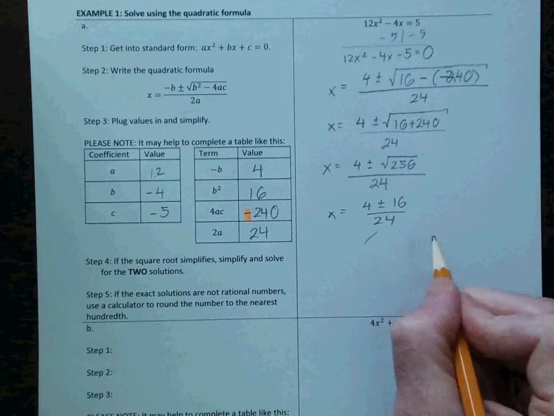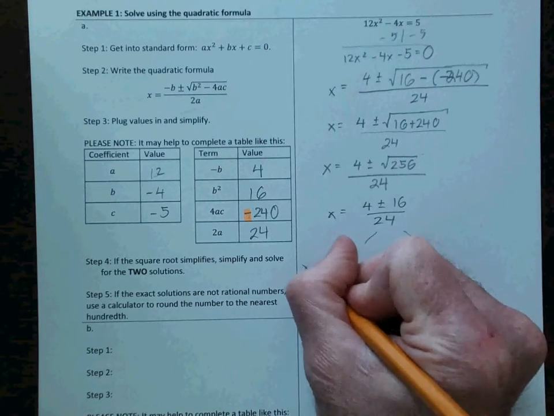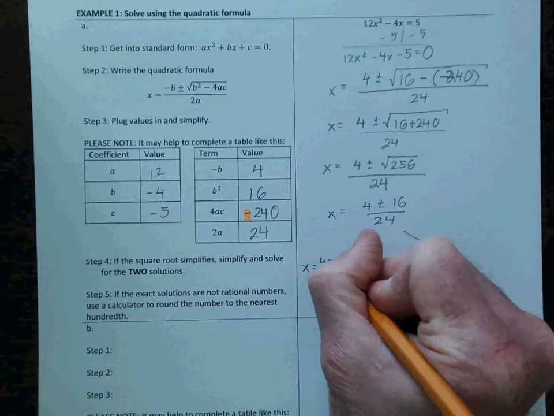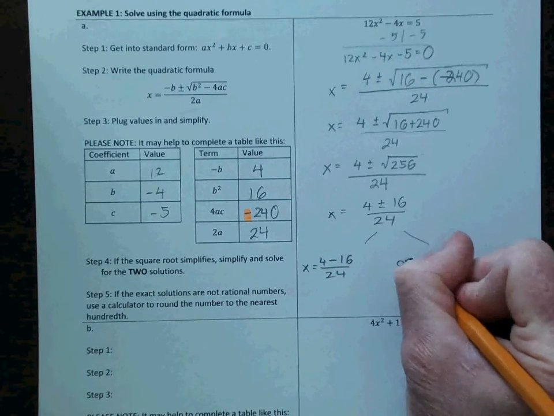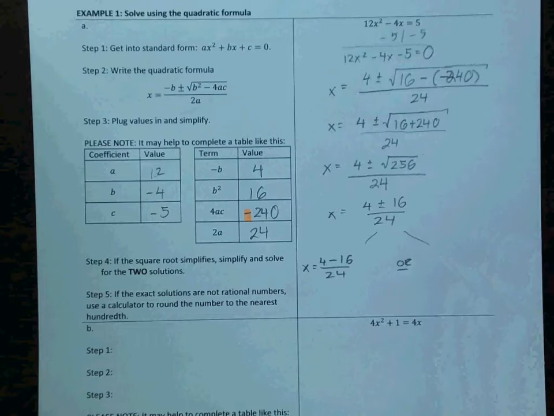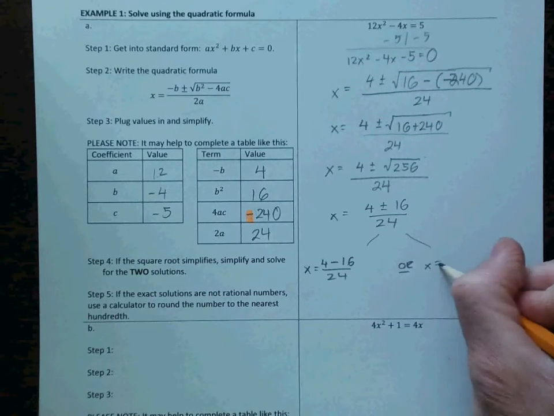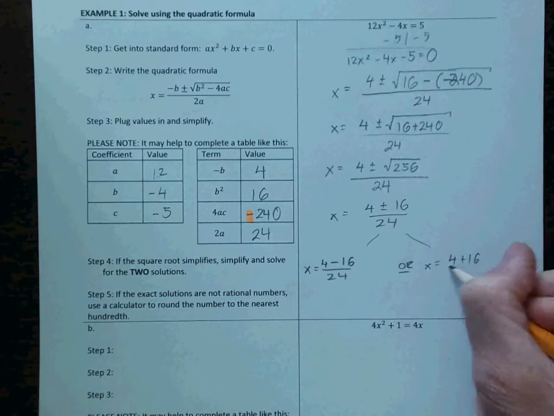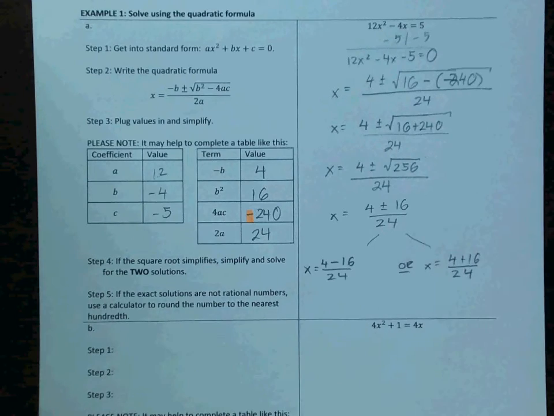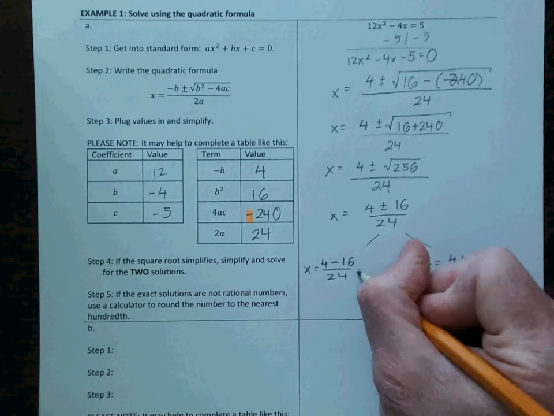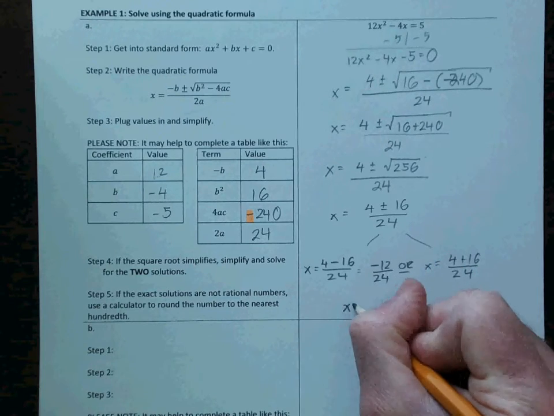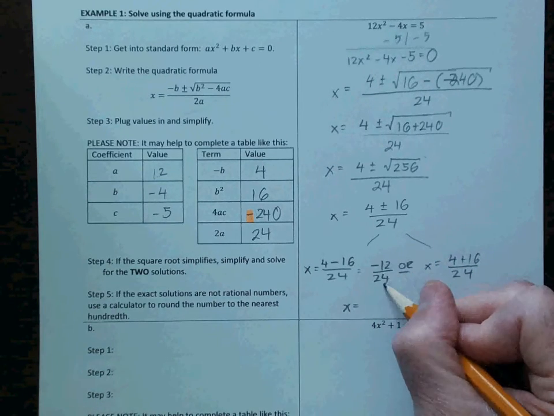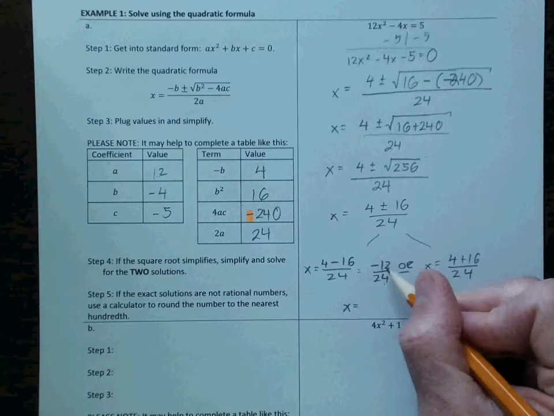And now we're going to consider both cases. X is equal to 4 minus 16 over 24, or, I miss doing that with you guys, x is equal to 4 plus 16 all over 24. 4 minus 16 is negative 12 over 24, and that simplifies because 12 goes into both of these.